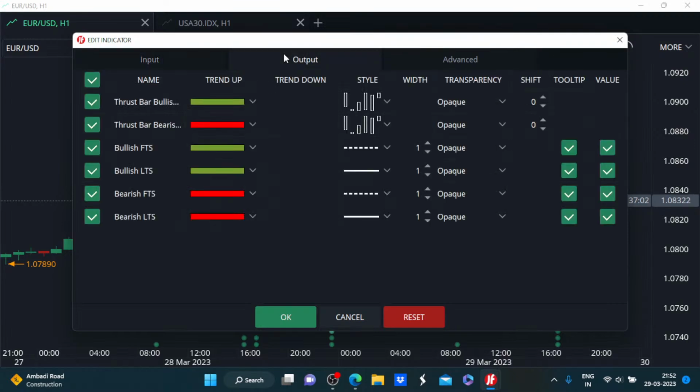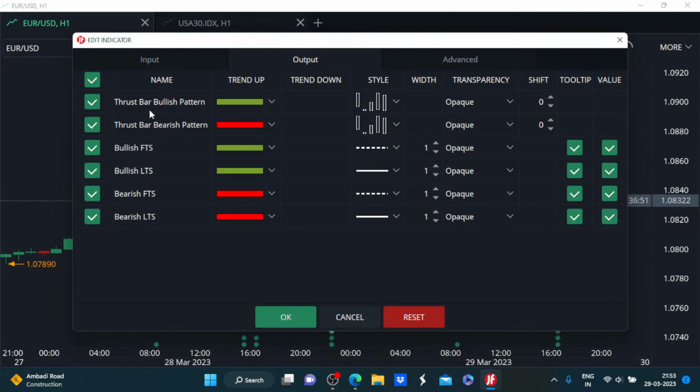For output, for recognizing it on the chart, you can go for different color combinations. So thrust bar bearish reversal as well as thrust bar bullish reversal. These two types of formation are possible, and I gave you a fair deal of explanation involving both these formations.